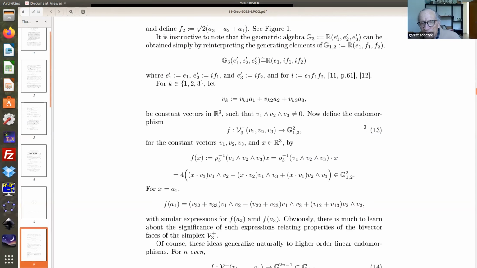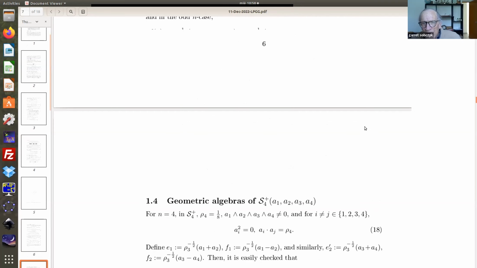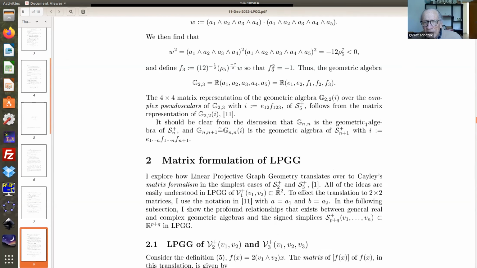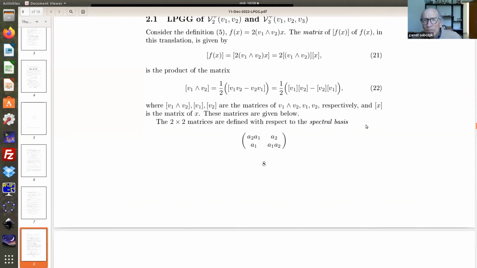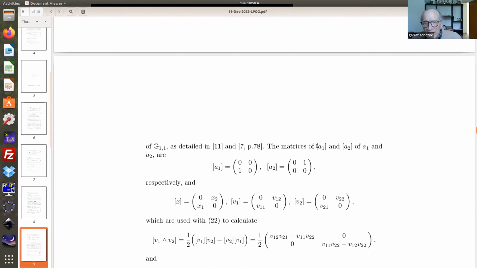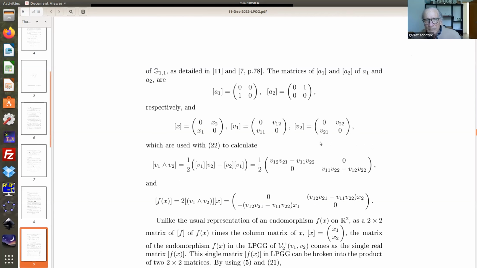I don't have many figures developed here. Now we're looking at the geometric algebra G11. The way we represent the position vector in G11 is just x1, x2.